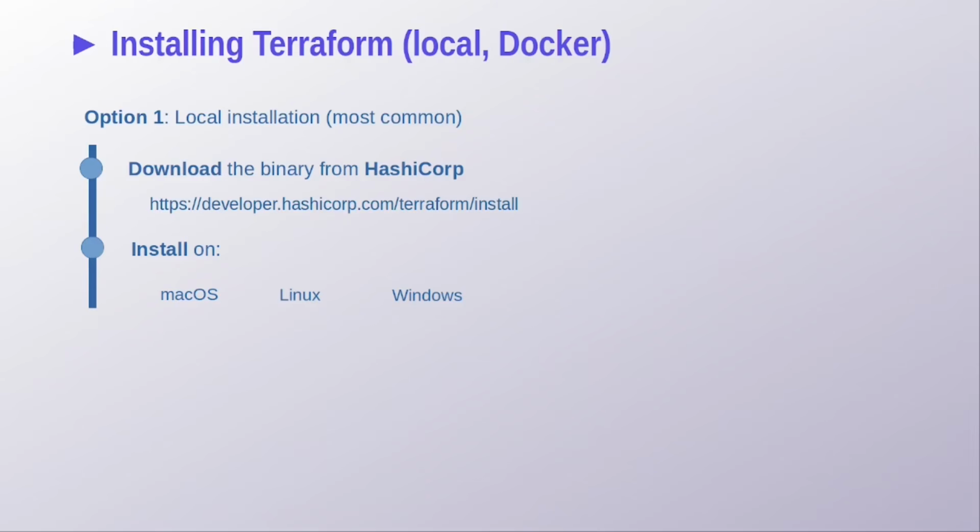Go to the HashiCorp website, download Terraform, add it to your system path. Terraform supports macOS, Linux, Windows. This option is great for learning, local experiments, daily DevOps work. If you are a beginner, this is the best choice.